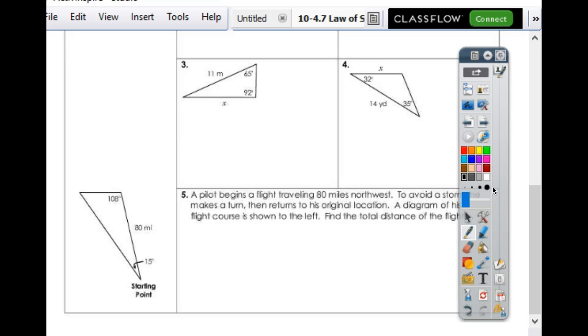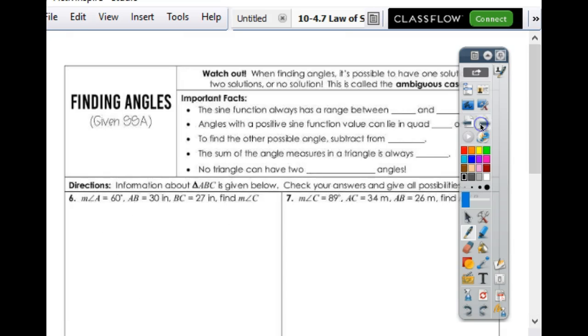That's when we just do this, right? But sometimes we're going to be given side side angle. Don't spell it backwards because that's not nice. It's an unkind word. So don't be that. We're going to say side side angle. If we're given side side angle, it makes something called the ambiguous case.